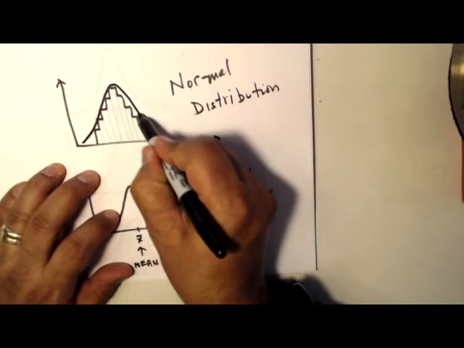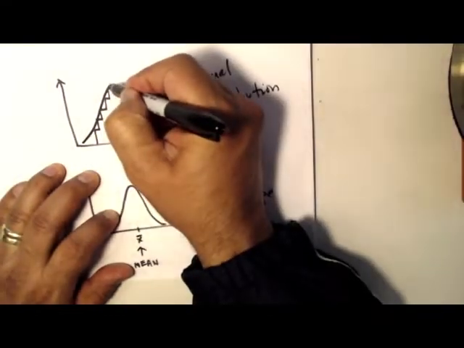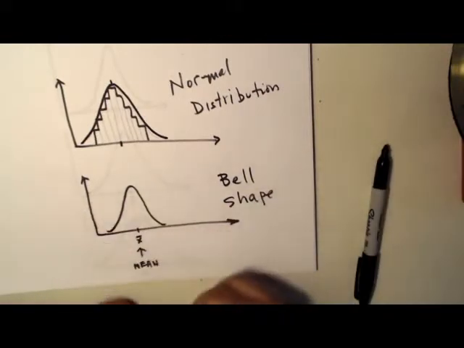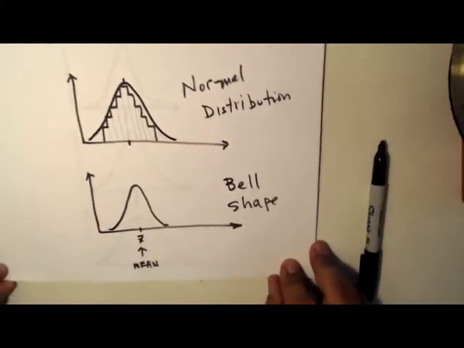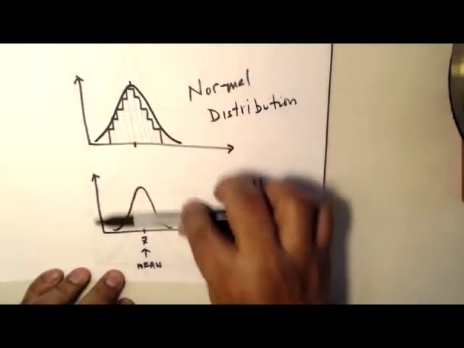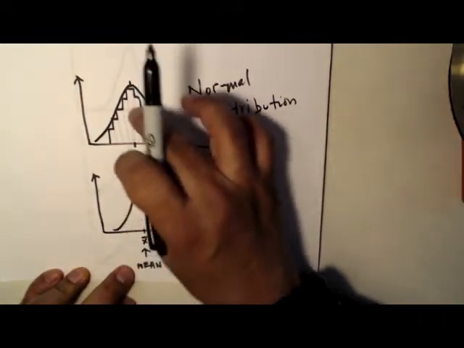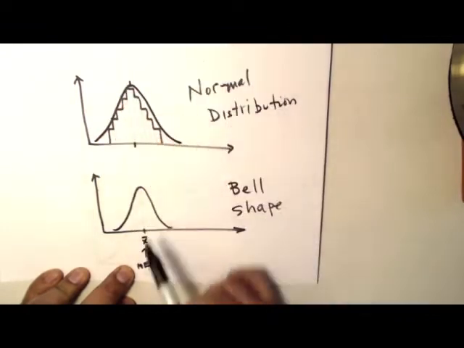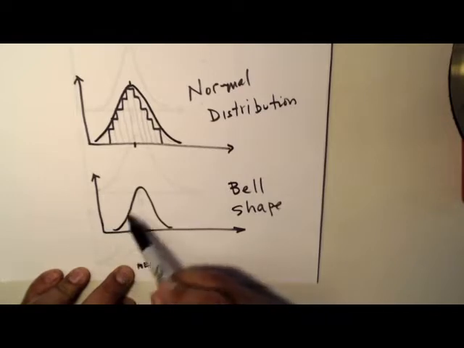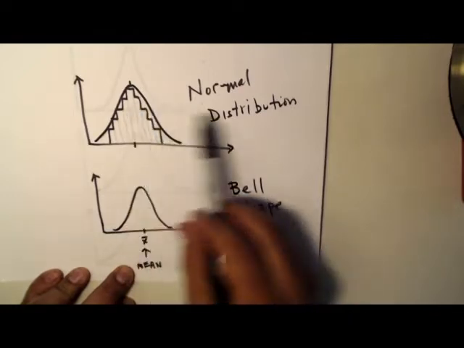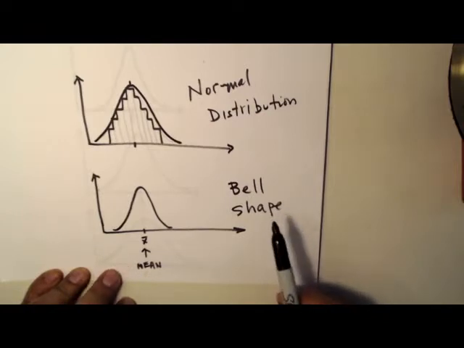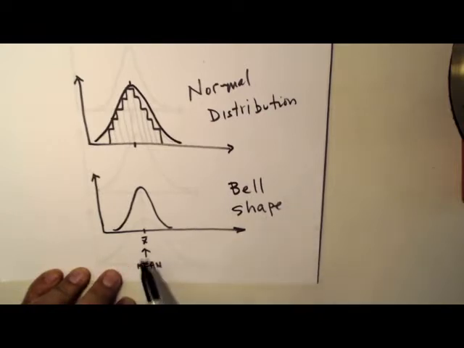When we smooth this curve, in the center here, if you were to fold it, it would be a symmetrical shape. This is if we just remove the histogram and we just have the smooth curve. This is a normal distribution, also called the bell shape. And an important thing is that the mean is right at the center.